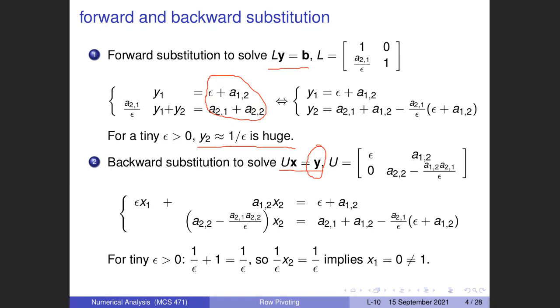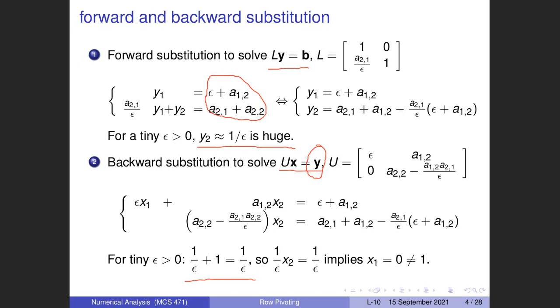Now, if we then do the back substitution, what we actually find is that suppose now the epsilon would be so tiny that adding 1 would still be 1 over epsilon. So that's a kind of a reverse implication from the machine precision.